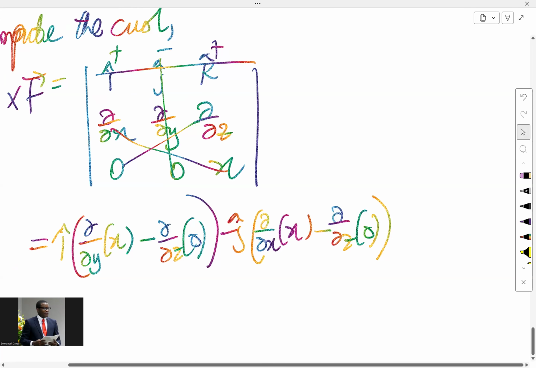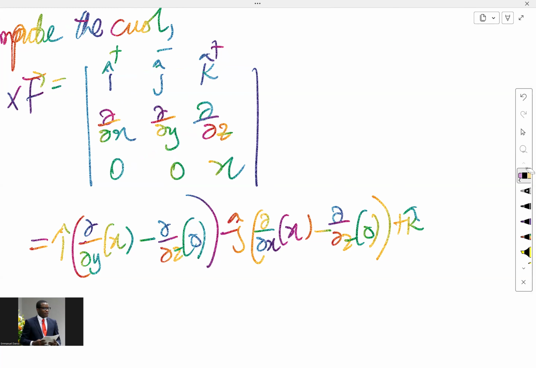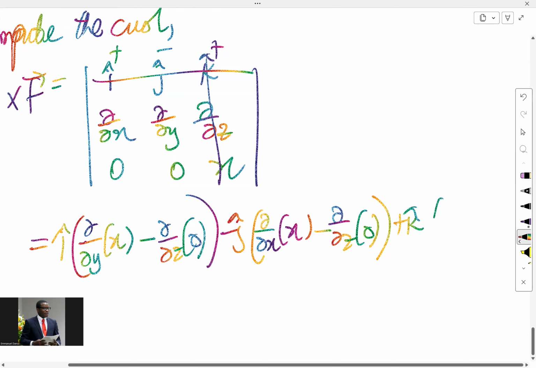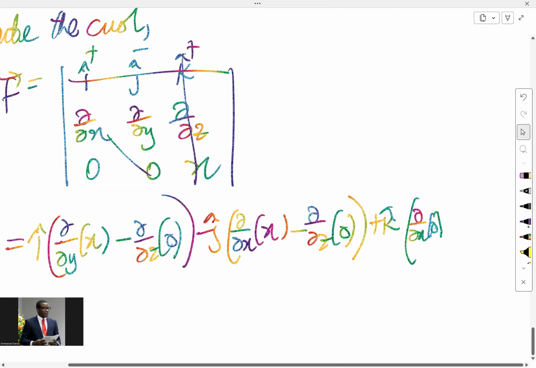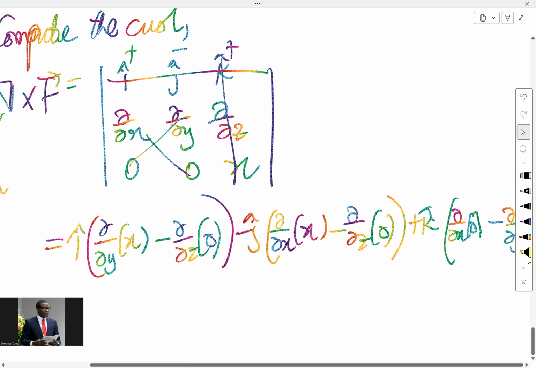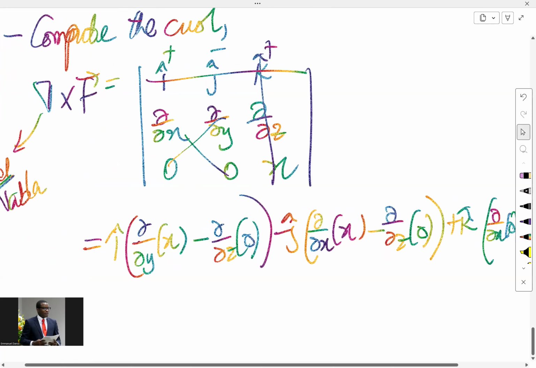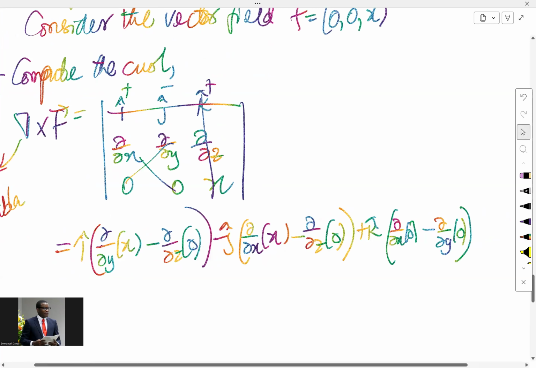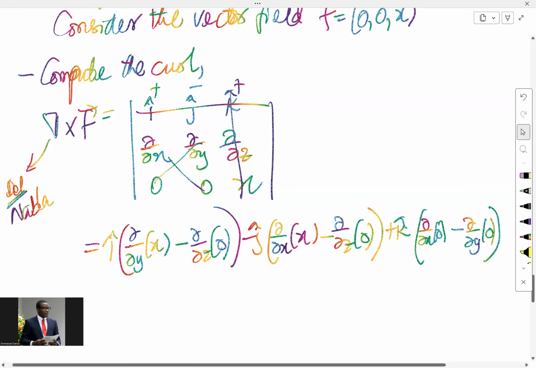And then finally, we have plus k, cross the column, cross the row. So we have k into d dx of 0 minus d dy of 0. Because of the zeros, this is somewhat simple, so that we go.